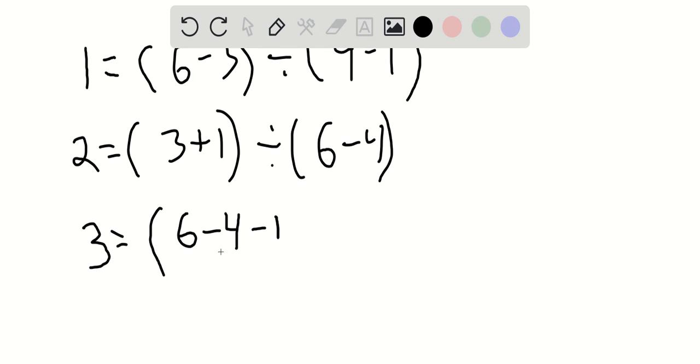So 6 minus 4 minus 1 is just 1, right? And then if we multiply that by 3, so there are our numbers 1, 3, 4, and 6, we just get 1 times 3, which indeed is equal to 3.